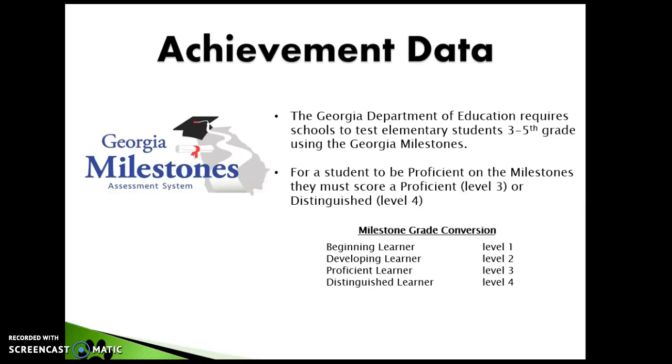Here are the different levels you might see when you get your milestone grading back. A beginning learner typically gets a level 1, a developing learner gets a level 2, proficient is a level 3, distinguished is a level 4. We're always looking for our students to be a level 3 or a level 4.